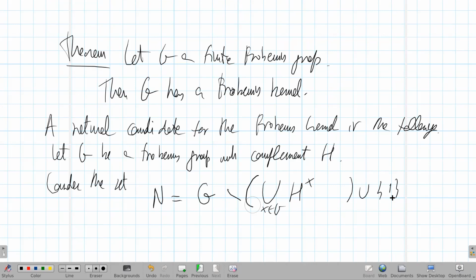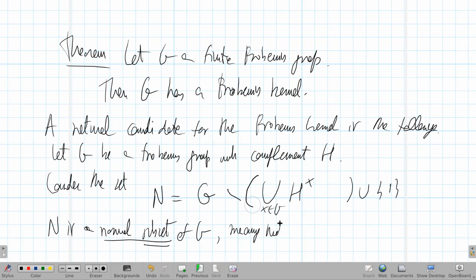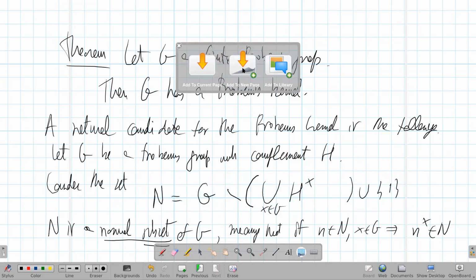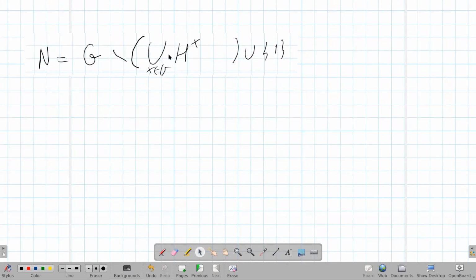So what is obvious is that N is a normal subset of G, meaning that, you don't know there is a subgroup yet, meaning that if n is in N and x is in G, then the conjugate n^x is in N. And the reason is rather trivial, because there are two possibilities for an element of N. Consider first the case when n is 1, okay?